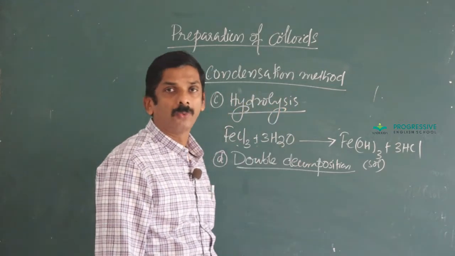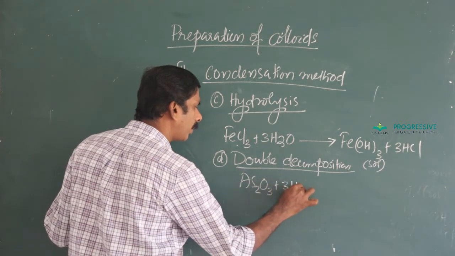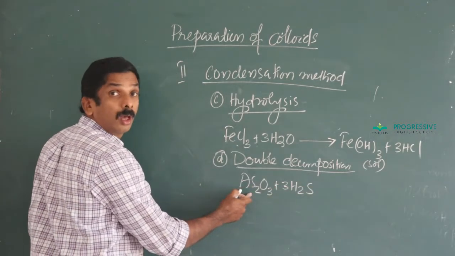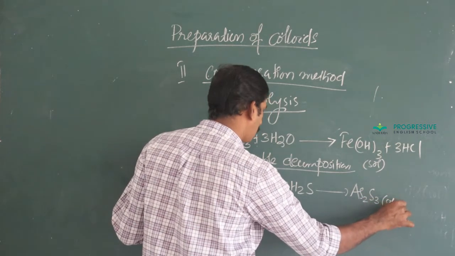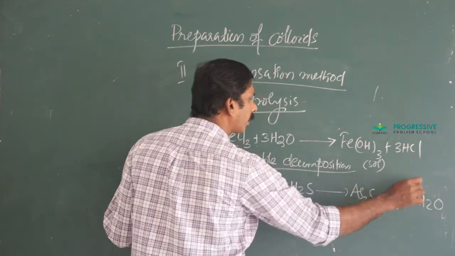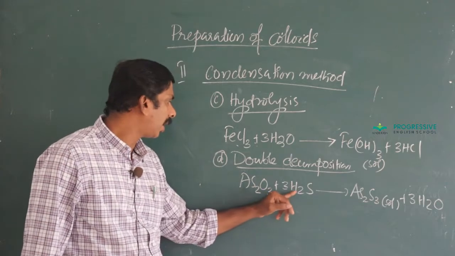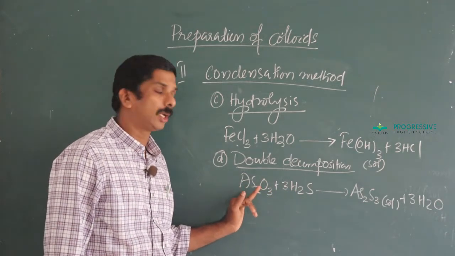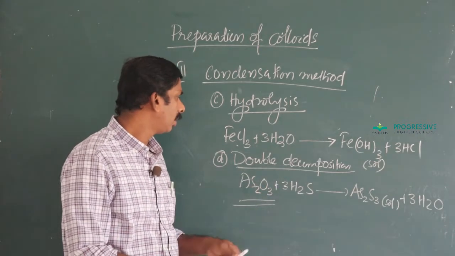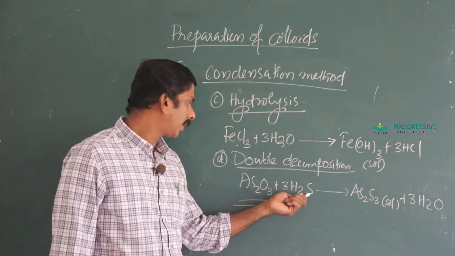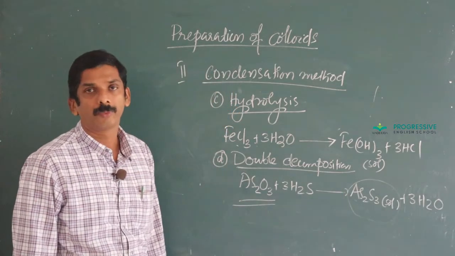Normally arsenic sulfide sol is prepared by passing hydrogen sulfide through an aqueous solution of arsenic oxide, or by the passage of hydrogen sulfide through arsenic oxide. The product formed is arsenic sulfide sol.